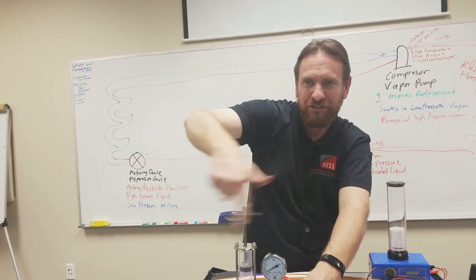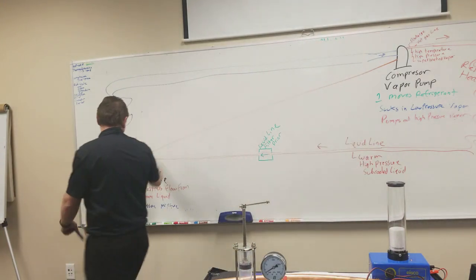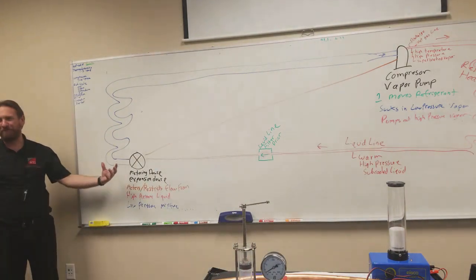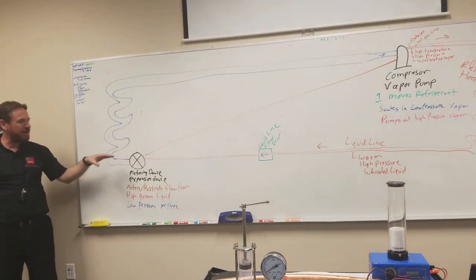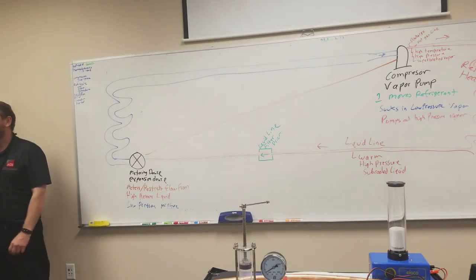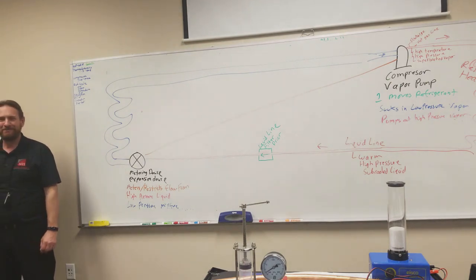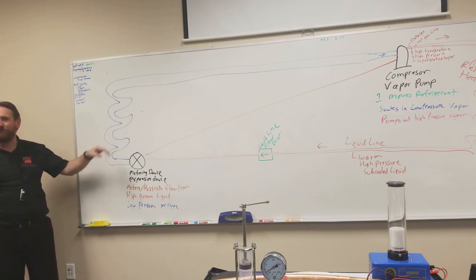What's my temperature doing? Lowering. So as I drop my pressure, allow for expansion, I'm also dropping my temperature. And if I drop the temperature of this lower than the temperature of the air, what's going to happen? It's going to feel cold. Heat transfer. Heat's going to leave the air and go to the cooler refrigerant.